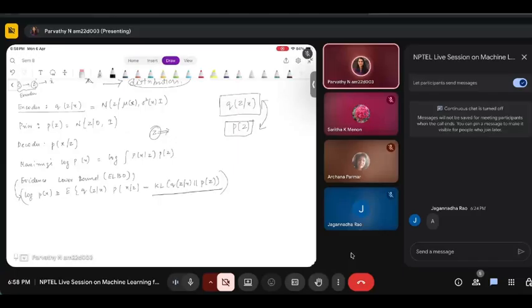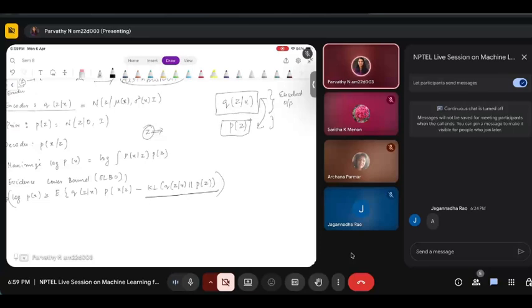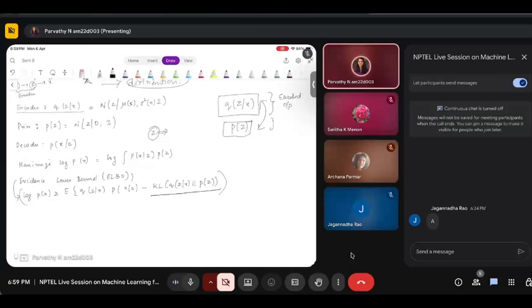So KL divergence measures the similarity between probability distributions. So this is our encoded output, and this is our assumption about the latent space, P of Z, the prior. So we want the encoded output to match that of P of Z.